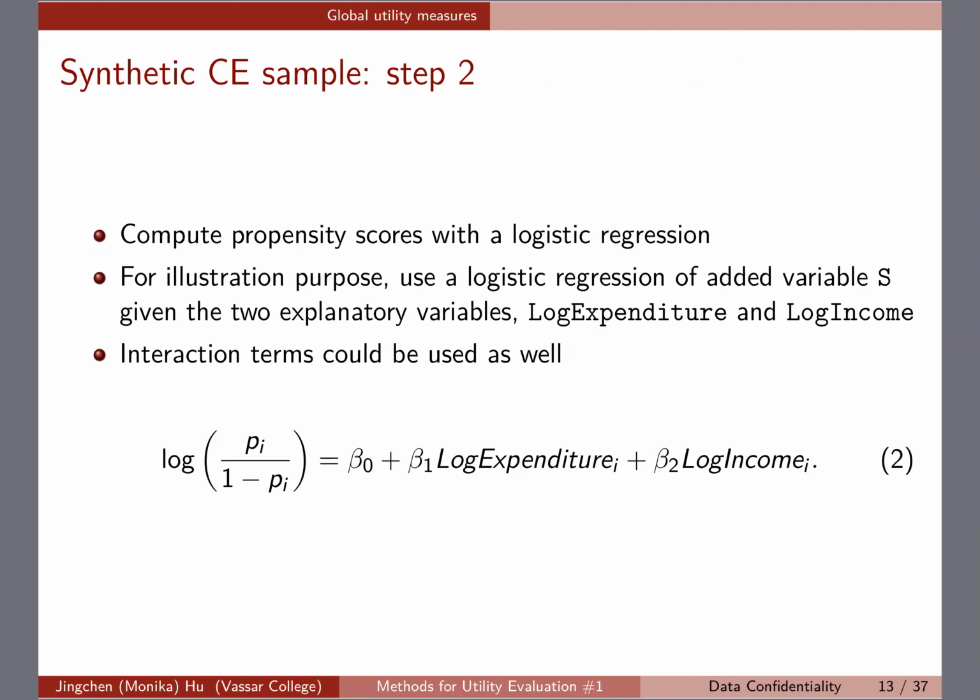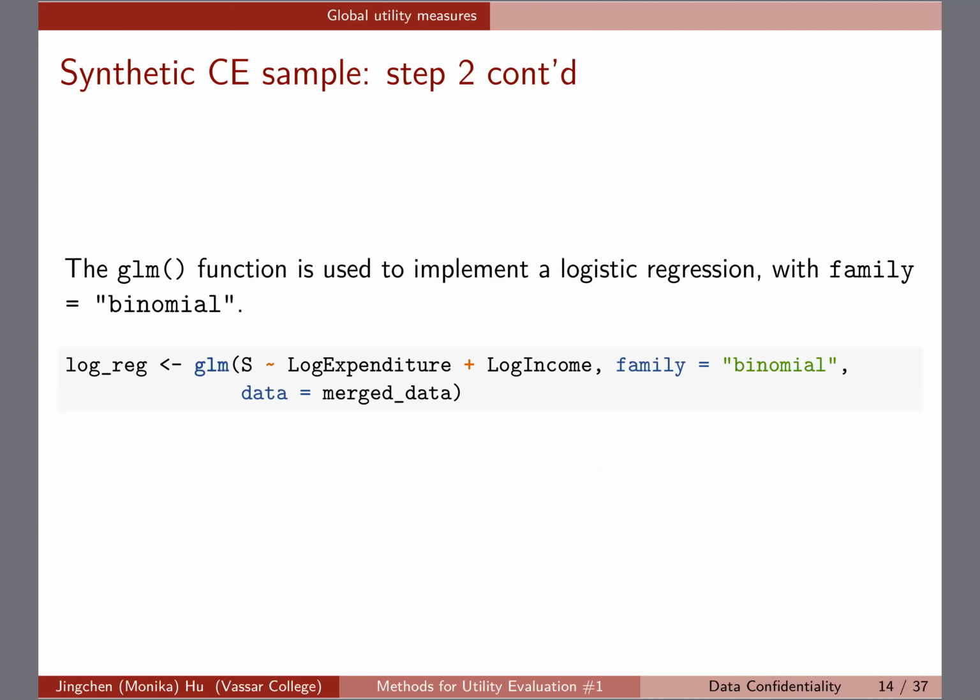The logistic regression that I use is this. We use the glm function in R, and don't forget to set family equals binomial if you want to do logistic regression. I'm including both explanatory variables in this case.